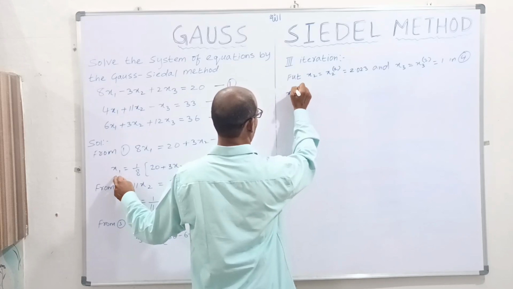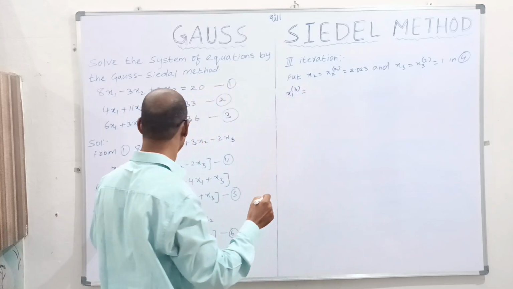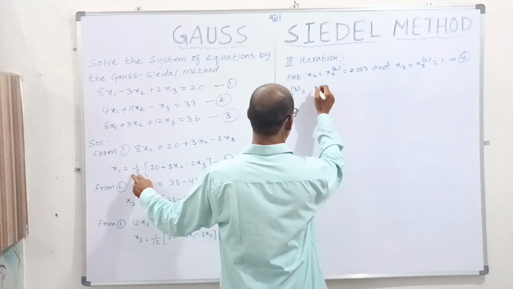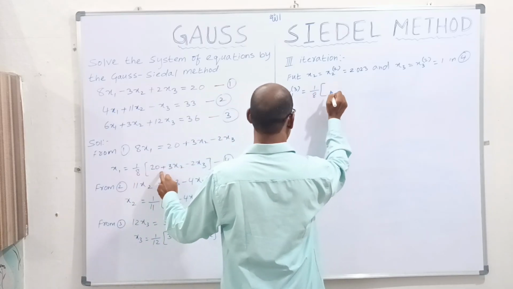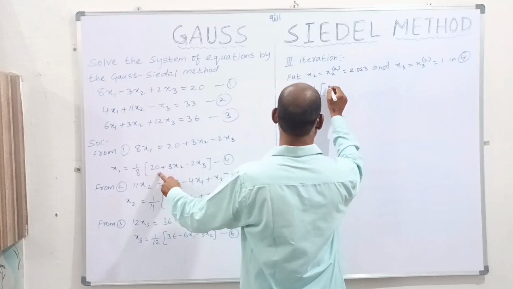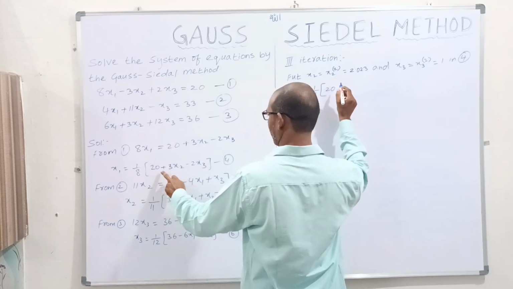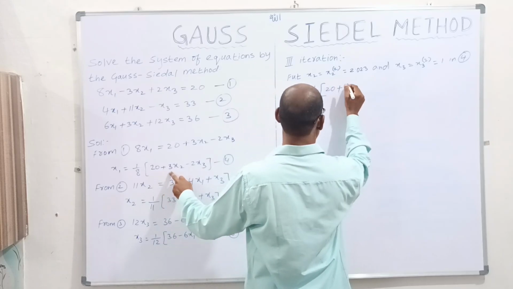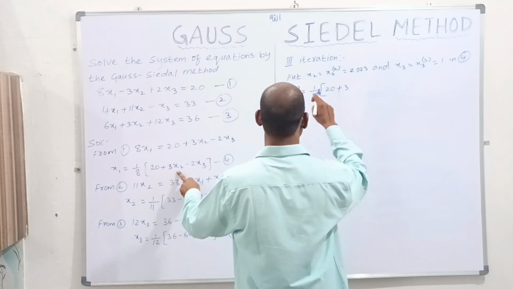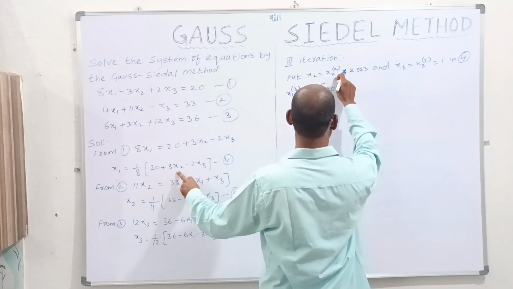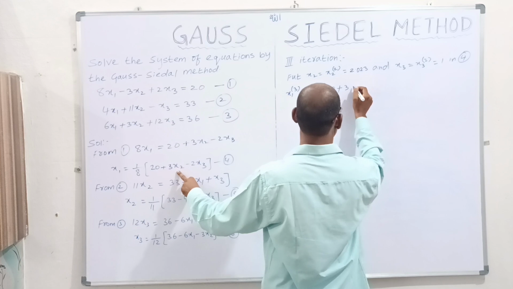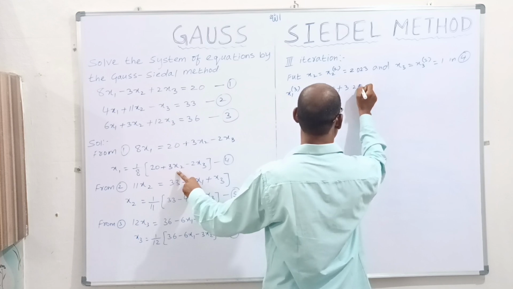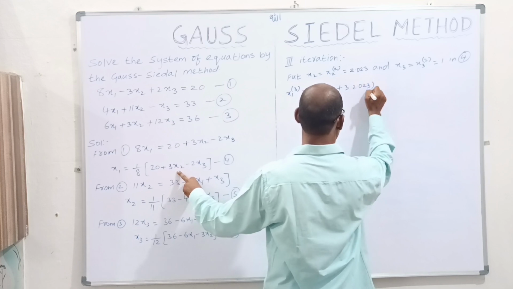So x1 is equal to 1 by 8 times (20 plus 3 into x2. Instead of x2 we are going to use the value obtained from the second iteration, that is 2.023.